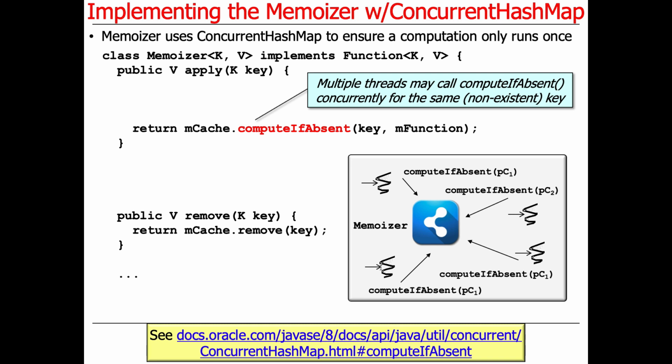And the neat thing about this, as I mentioned before, is even if multiple threads call computeIfAbsent at the same time for a key that does not yet have a value, the function is only called one time. So computeIfAbsent is this super clever implementation that will ensure only a single call to the function is made. And once that result comes back, then any other threads that are waiting to get the value back from that key at that moment will all magically start forward with the computed function result, which becomes the value.